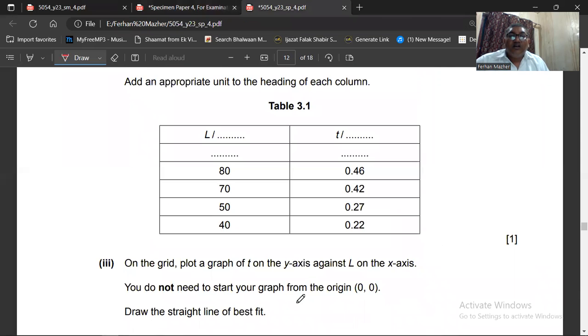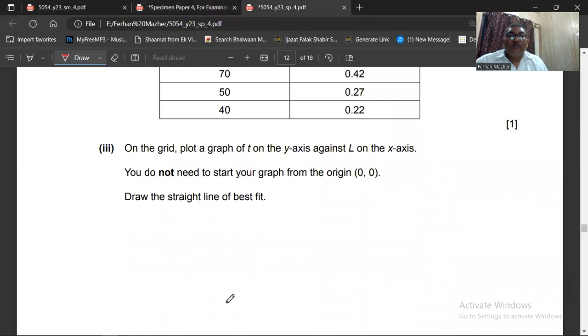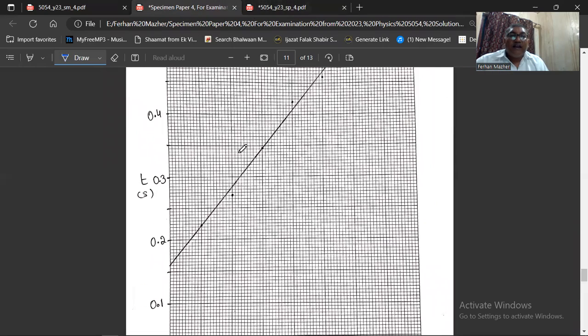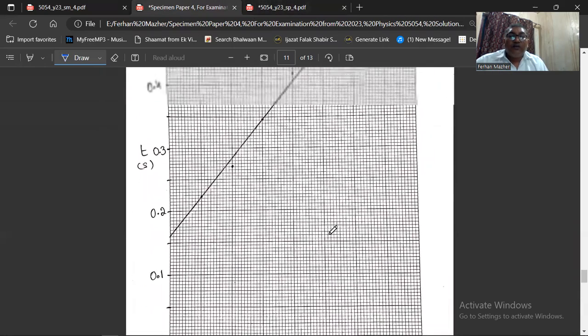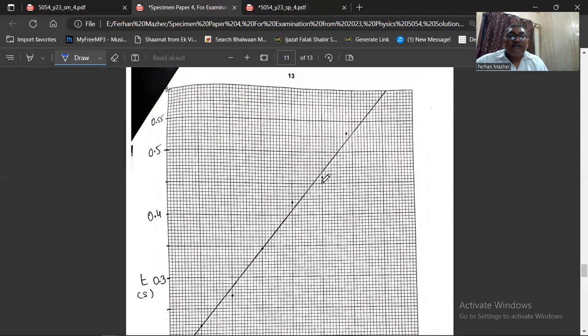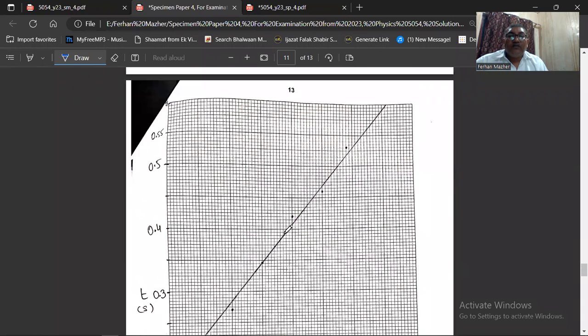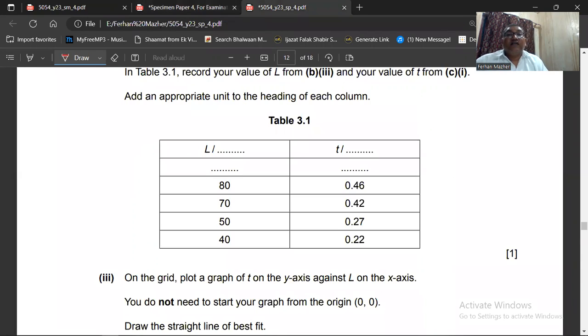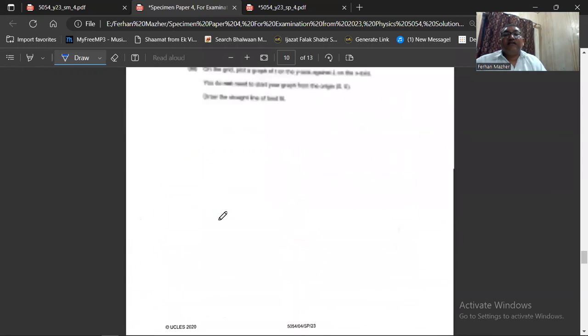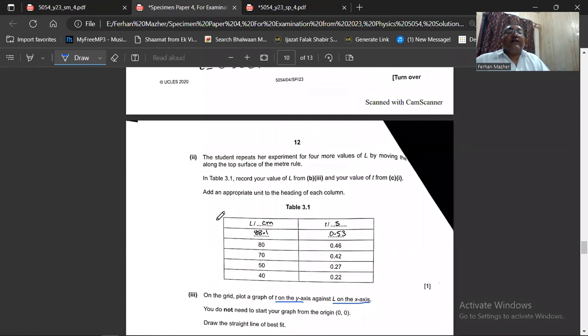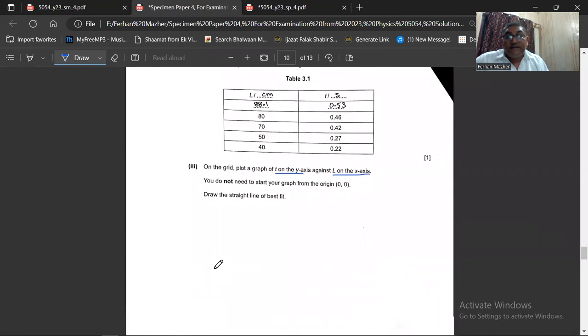Put this dot. Then at 80, you have 0.46. This is the dot. And at 88.1, you have 0.53, sorry, I said 0.56. This is the reading from the table.